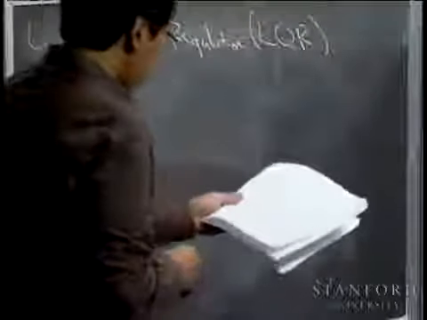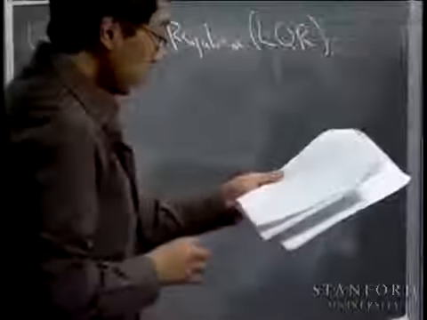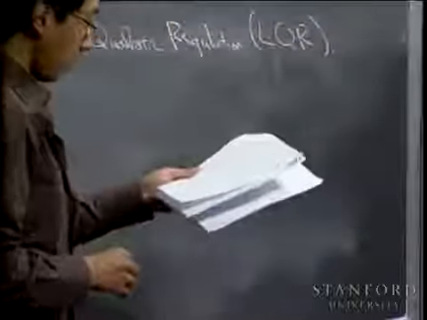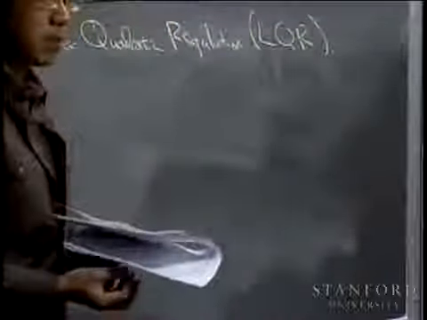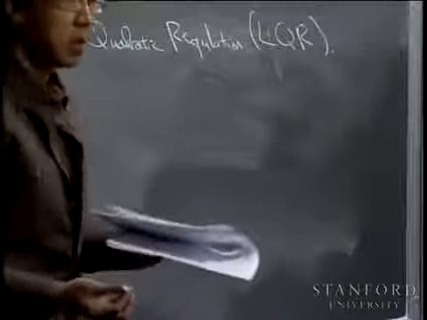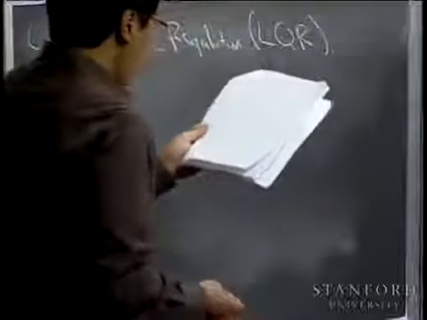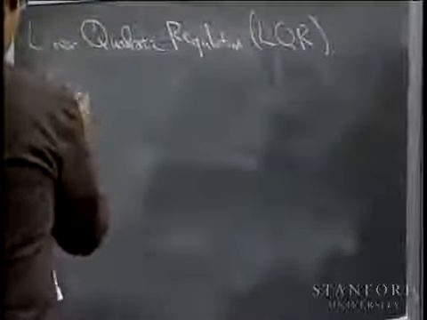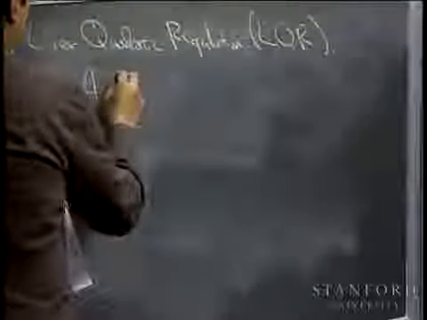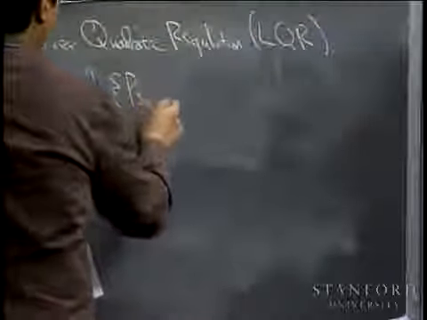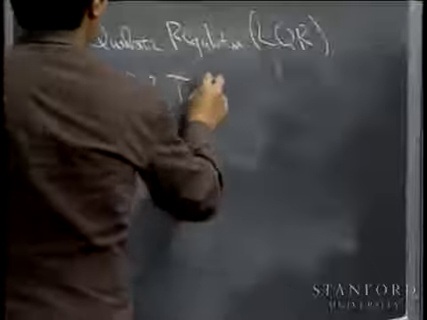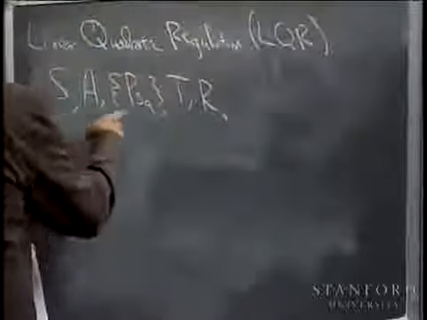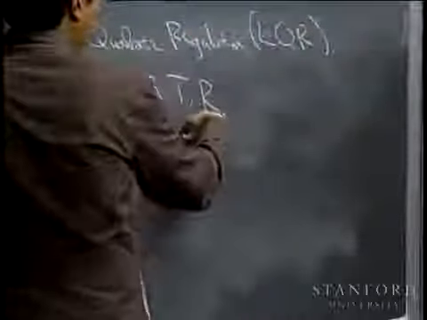So let's talk about LQR. I want to take these ideas and apply them to MDPs with continuous state spaces and maybe even continuous action spaces. To specify an MDP, I need to give you this 5-tuple of states, actions, transition probabilities, the time horizon, and the reward.